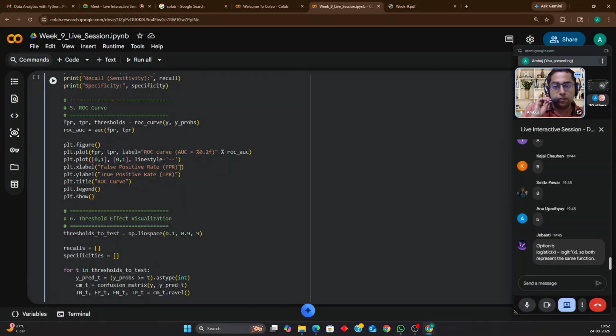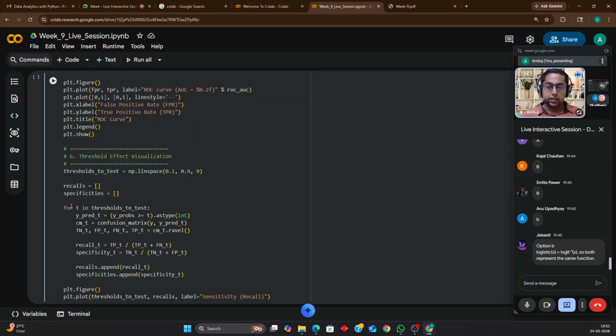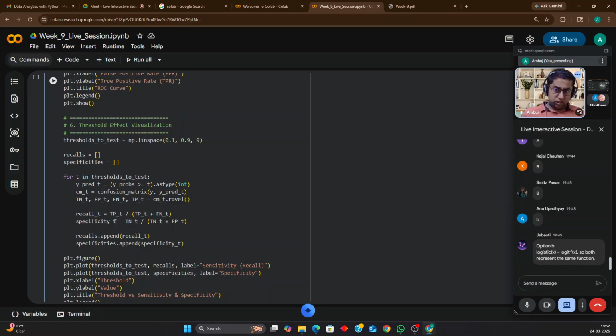Then threshold effect visualization. Just performed with the thresholds to test using np.linspace. Recall and specificities I have declared as empty arrays. Then for all the observations, probabilities by observations, calculated recall and specificity, then appended them to the recall and specificities arrays, the empty arrays.